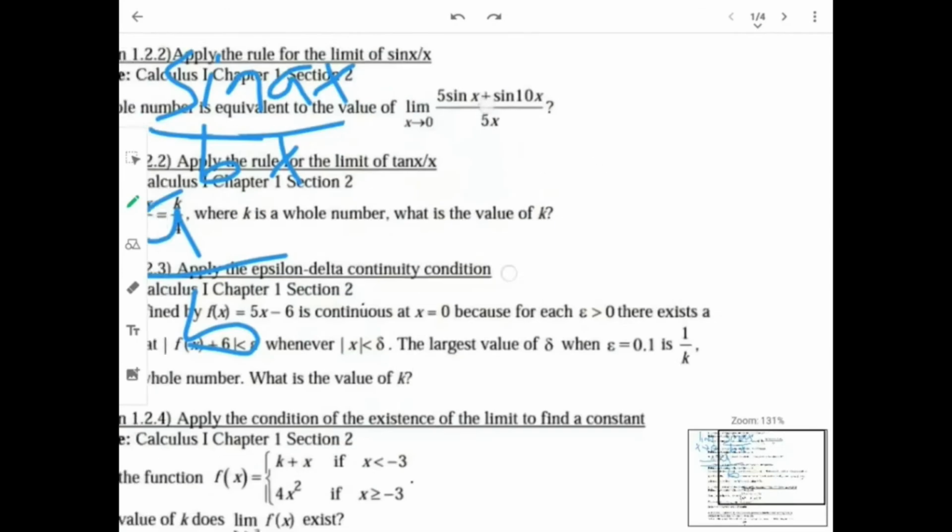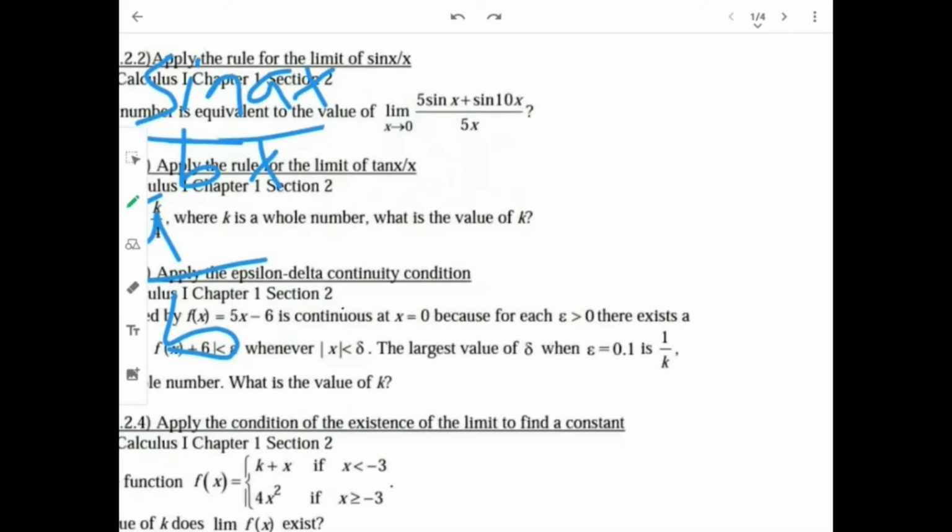You can just apply it anytime you have sine over a denominator of x. Now I'm not going to repeat the limit, but you certainly should do it in your exams. By that I just mean writing limit.